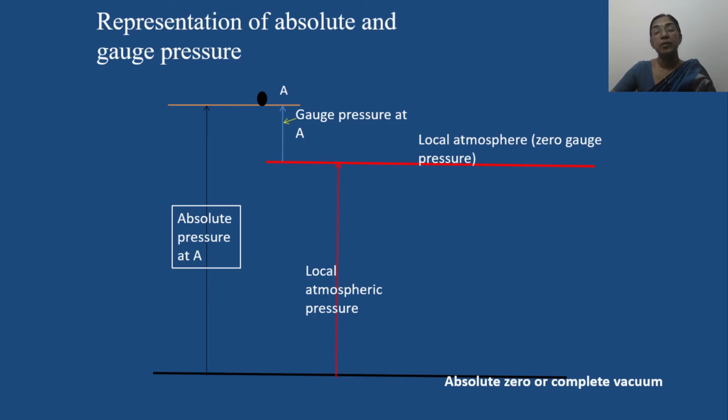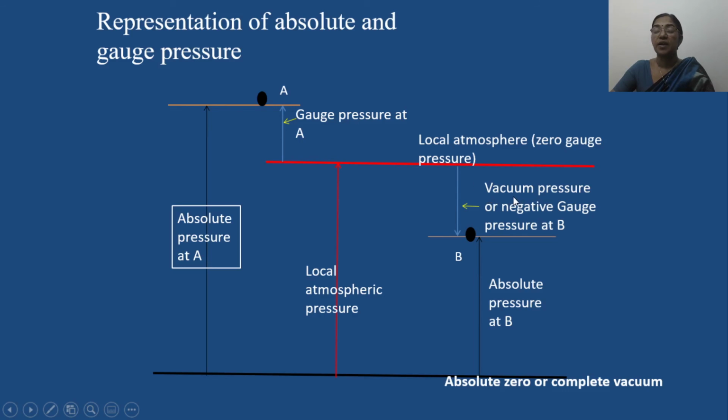Similarly, if you are going to measure the pressure at a point here, we can represent the pressure at point B as an absolute value by considering absolute zero as datum. Similarly, it can also be represented as gauge pressure if we are measuring this value from atmospheric pressure. This point is below atmospheric pressure, so it is referred to as vacuum pressure or negative gauge pressure at point B.